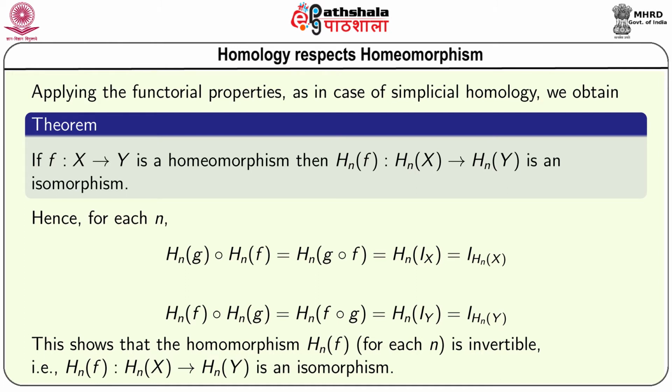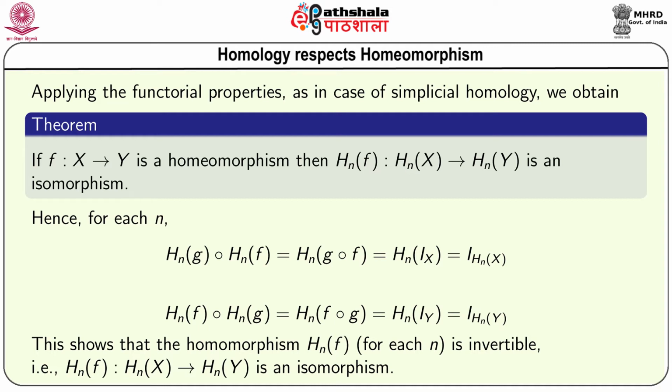Since f is a homeomorphism, there exists a continuous function g from Y to X such that g composed with f is the identity on X and f composed with g is the identity on Y. Hence, for each n belonging to the integers, Hn g composed with Hn f is equal to Hn of g composed with f, which is equal to Hn I_X, and that is equal to the identity of Hn X. The first equality, that Hn g composed with Hn f is equal to Hn of g composed with f, is a property of the induced homomorphism.